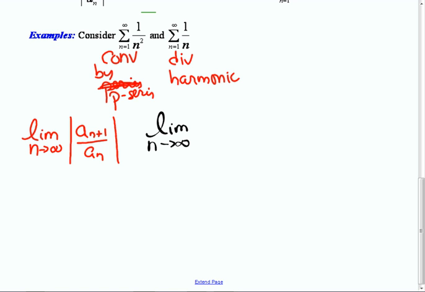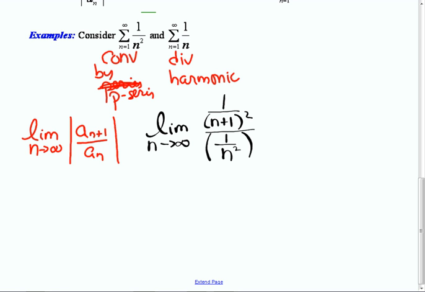No. And when you do the ratio test, you're going to find a radius of convergence and stuff like that. When you do the ratio test, just by setting up the ratio test, you get a point on the free response. It's nice. That's worth like about 5 or 6 points. So now I'm going to put in 1 over n plus 1 squared, and this is 1 over n squared.